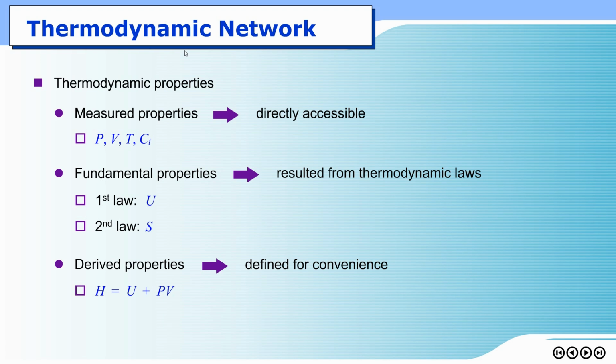That's one convenience. The other one is in an open system. We define enthalpy so that we can combine the flow work with internal energy to get enthalpy, and therefore the work calculated from the first law in an open system can be directly related to shaft work. We don't have to worry about flow work in the open system anymore.